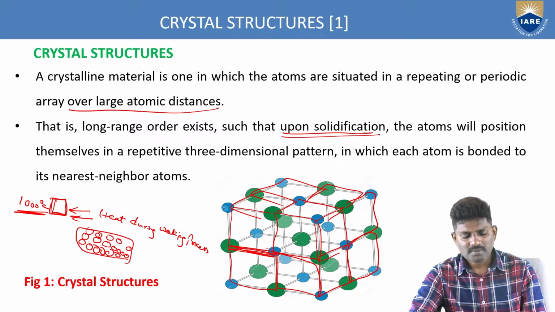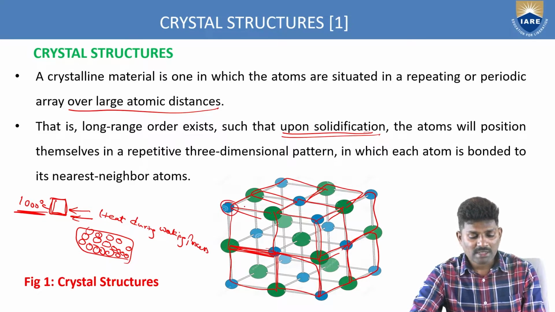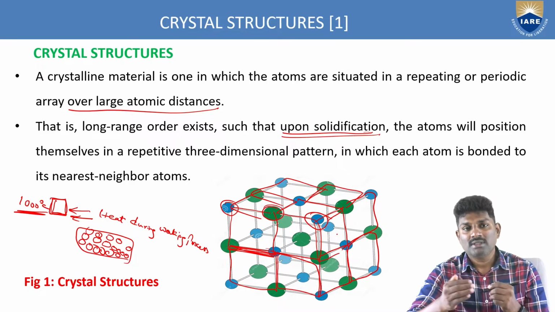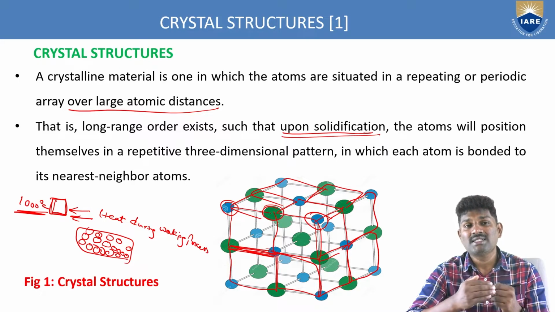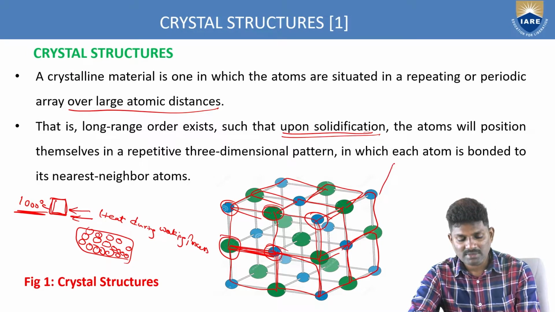So during this process of solidification, whatever atoms are present here will try to come closer to the nearest neighborhood of atoms. They'll search for which is the nearest. So you have a number of atoms in the solid materials like this at different positions.